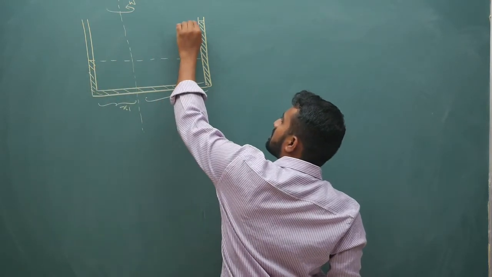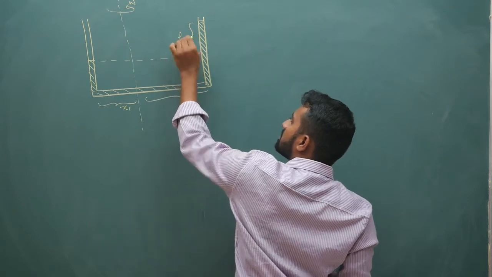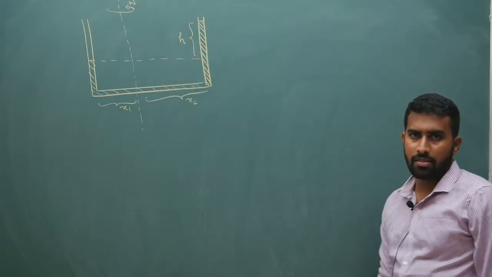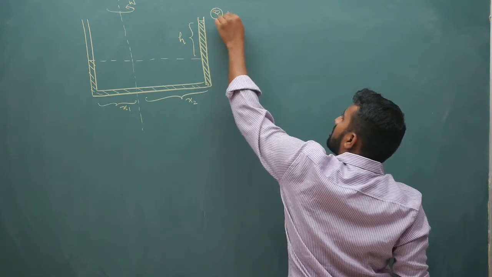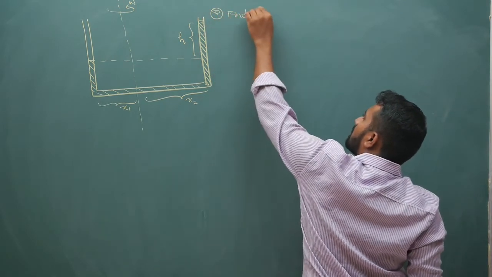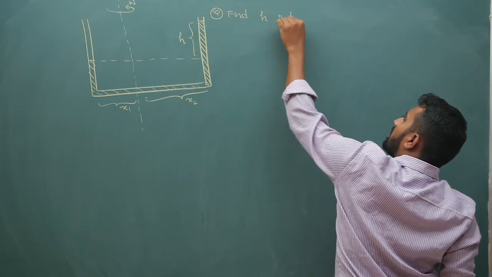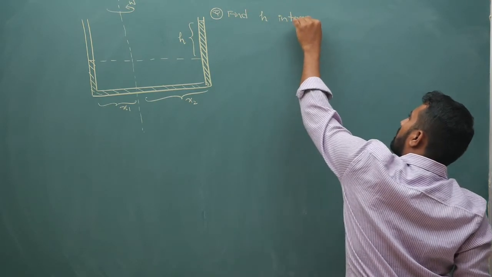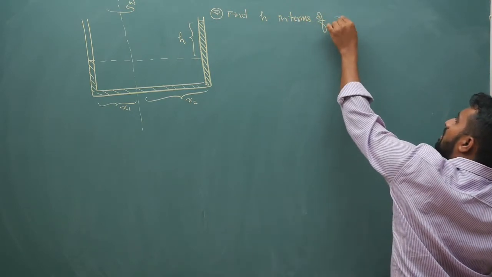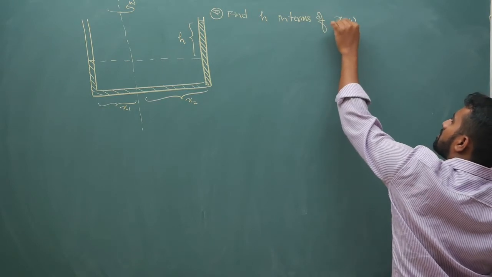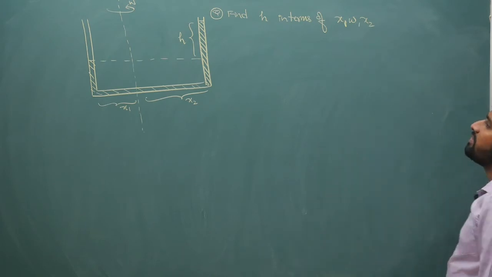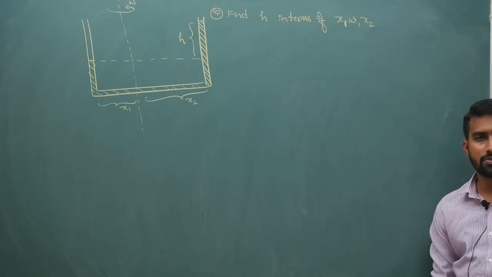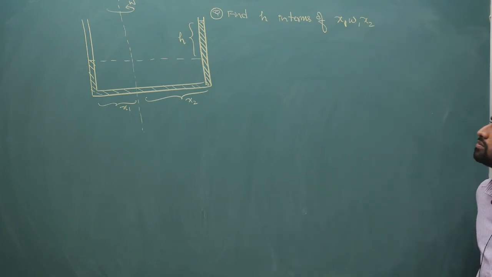The question is, this height difference is h. Find h in terms of x1, omega, x2. Find height in terms of x1, omega, x2.